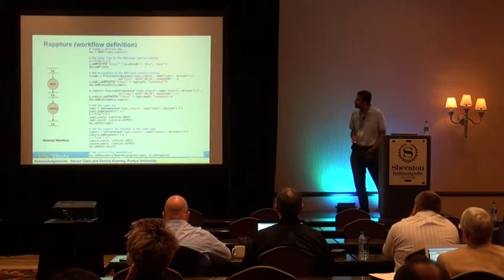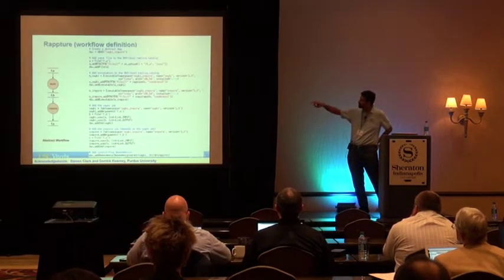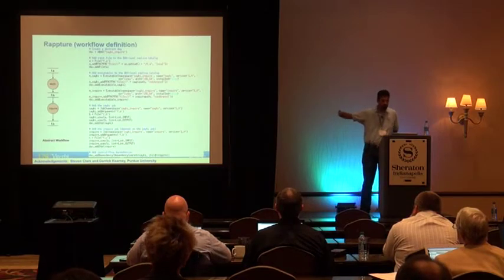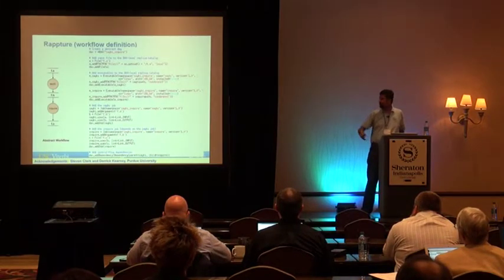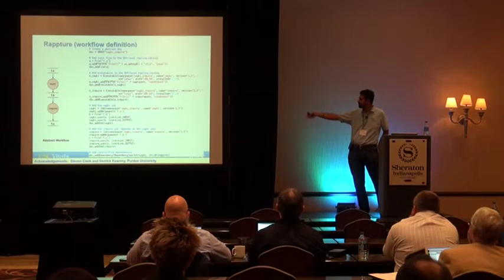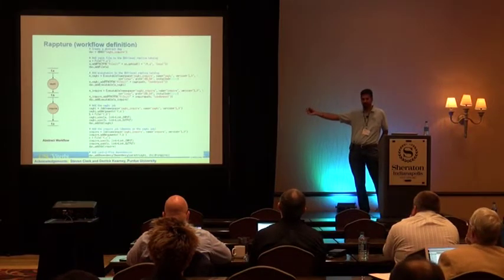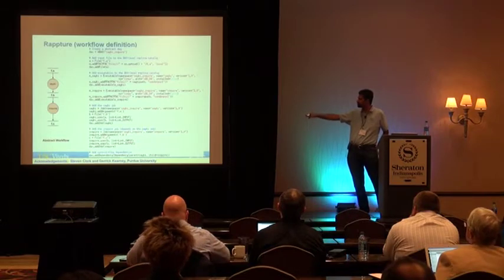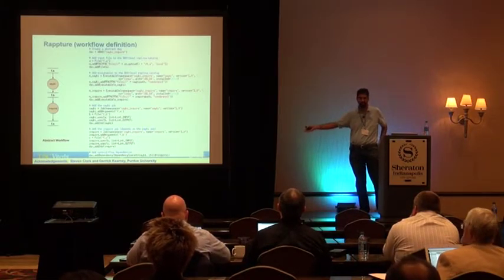So as far as the workflow definition goes, if you're a Python programmer, this is an example of a two-node workflow that is using the Pegasus provided Python API to describe the workflow to Pegasus.